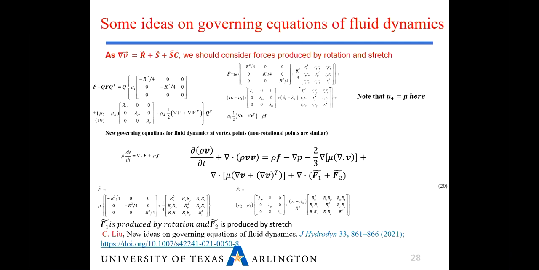The matrix equation maybe gives a more reasonable answer. This is not reasonable. How do we know mu is constant? You only do the experiment like this. This is shear. How do you know rotation is the same? How do you know the stretching is the same? Nobody knows. This is just a guess. So that's the idea. That's not a theory.